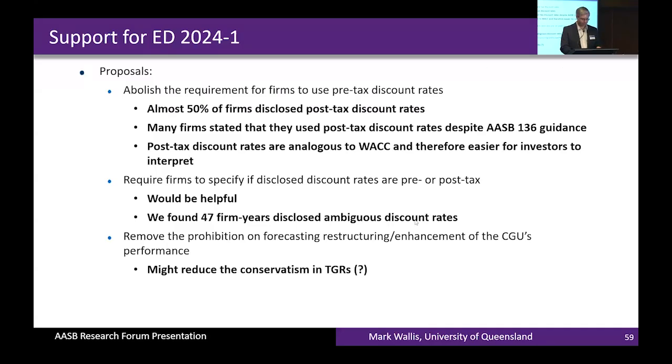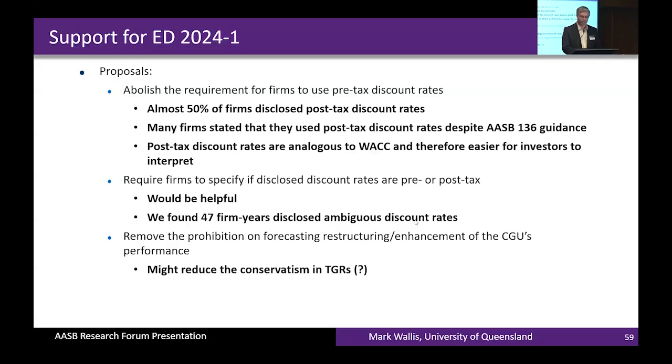There's an exposure draft out at the moment proposing changes to IFRS 3 and IAS 36. So we find some support for this. It proposes abolishing the requirement for firms to use pre-tax discount rates and pre-tax cash flows. I think that's sensible. We found a lot of firms disclose post-tax discount rates and said that they didn't use pre-tax discount rates. And the post-tax discount rate is probably a lot easier for investors to understand.